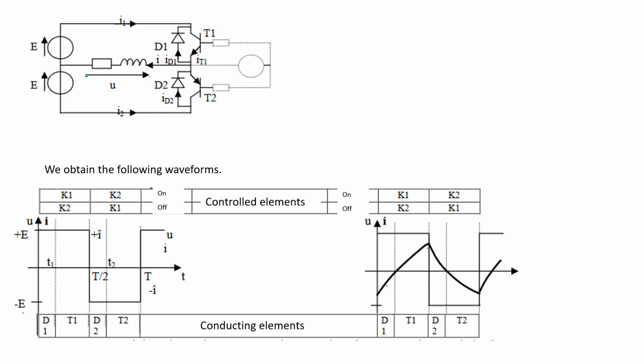The first order, the transient for the current to be like this. If you keep the voltage constant, the transient is like this. But because you switch the voltage to the negative part like this, then it transits from here to here like this.